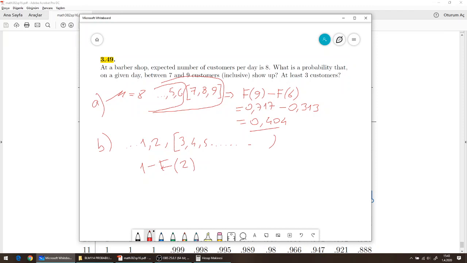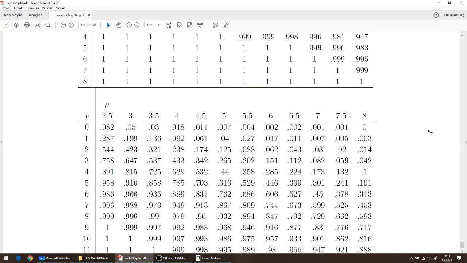Because uppercase F2 gives us the cumulative probability up to 2. If we subtract it from 1, we simply find the desired probability, and that is 1 minus what? Let's check out. Yes, again, our mu is 8. We will find uppercase F2. Let's go. Mu is 8.